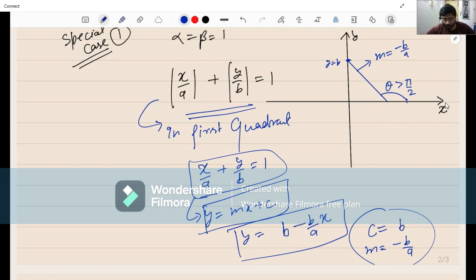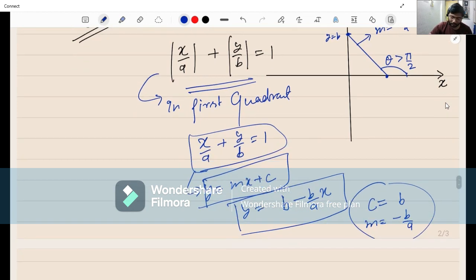Fine. Now I don't know at what point this line intersects the x-axis. Let us check that. If we want to check where this line intersects the x-axis, we will put y equals 0, because on the x-axis everywhere the coordinate y is 0. Fine.